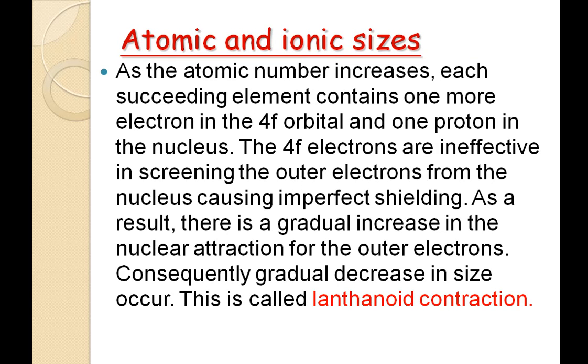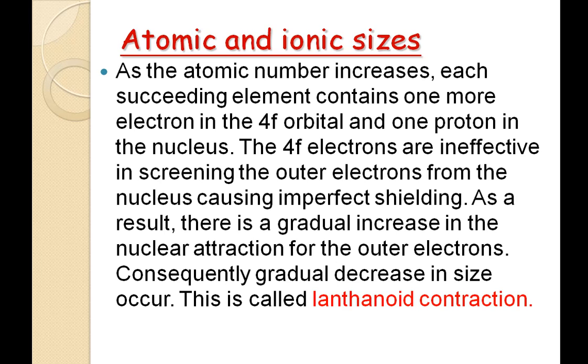Let us talk about their atomic and ionic sizes. As the atomic number increases, each element contains one more electron in the 4f orbital and one proton in the nucleus.